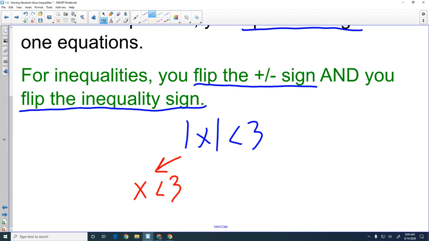It stays exactly the same. But for your second inequality, left side stays the same, but now I'm going to flip two things. First, I flip the inequality sign. So in this case, it's now a greater than symbol. And instead of a positive 3, it's a negative 3. So you change two things for the inequalities.